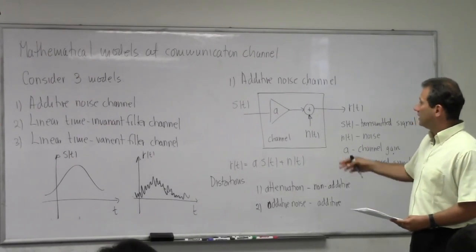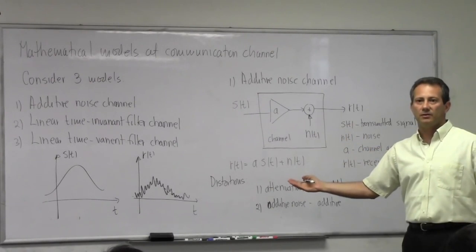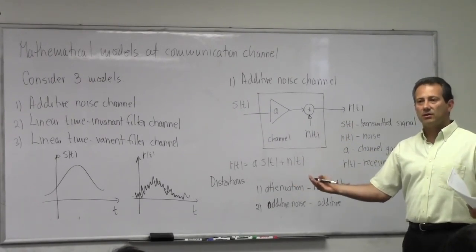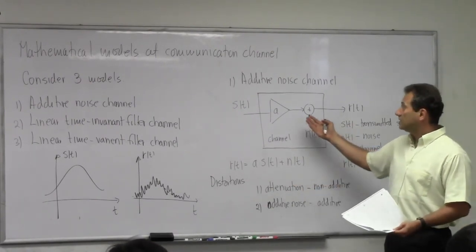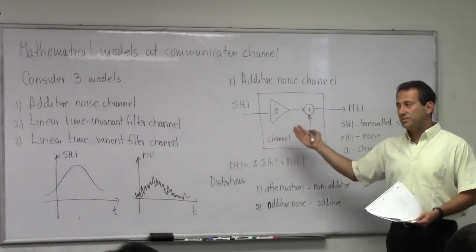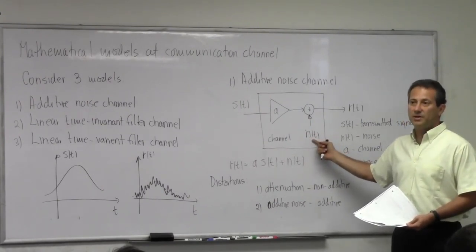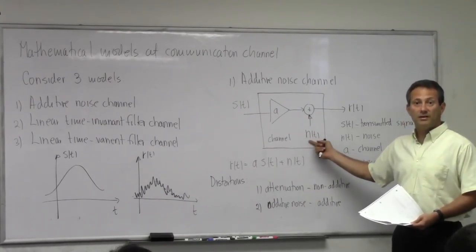Now, this is, as I said, the simplest channel. In many cases, it's the best case scenario, right? So when we analyze our communication systems, we're going to first try to benchmark their performance in this channel here. There's a special version of this channel where the noise has the properties of being Gaussian and white.